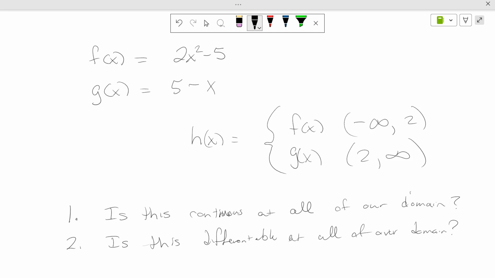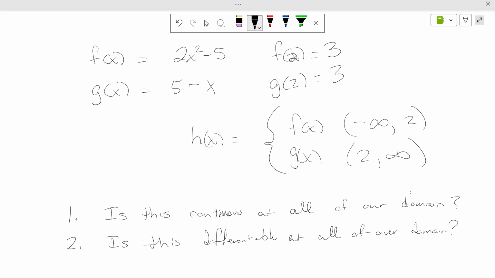You could graph it. You could set them equal to each other. But where is the point that we're most concerned with? 2. If I stick in a 2 up here, what is f of 2? 3. What is g of 2? Is it continuous?